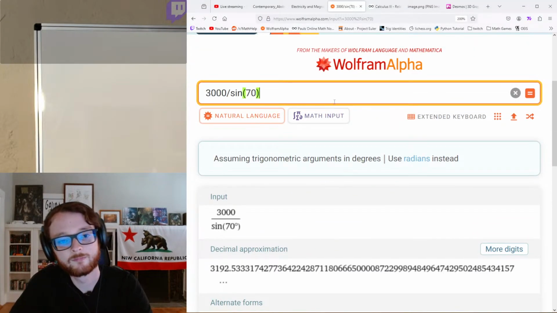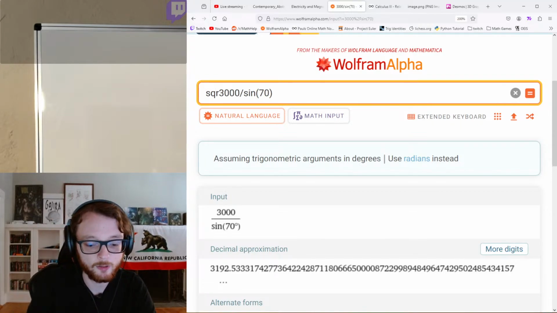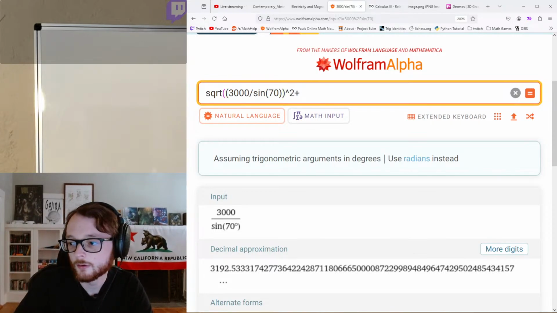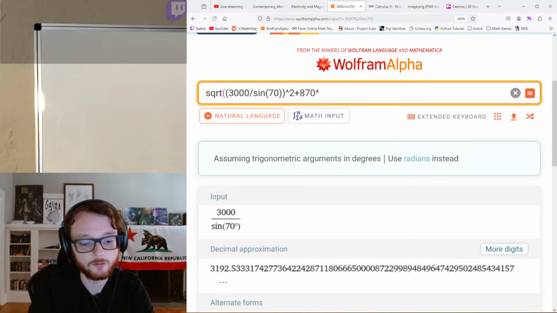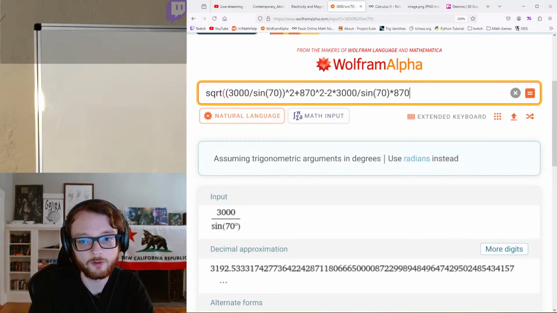I guess we'll need that. So the remaining side equals the square root of the other 2 sides squared. 870 was the other side. Minus 2 times each of the other sides, times 870 times cosine of 110.